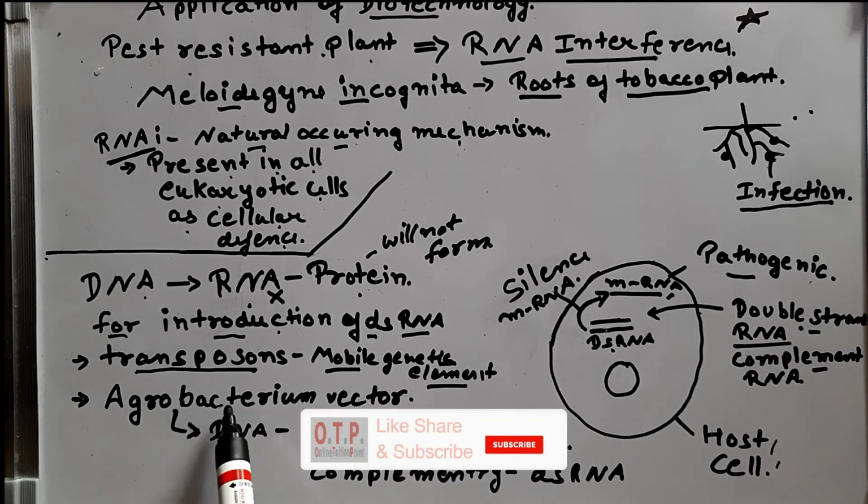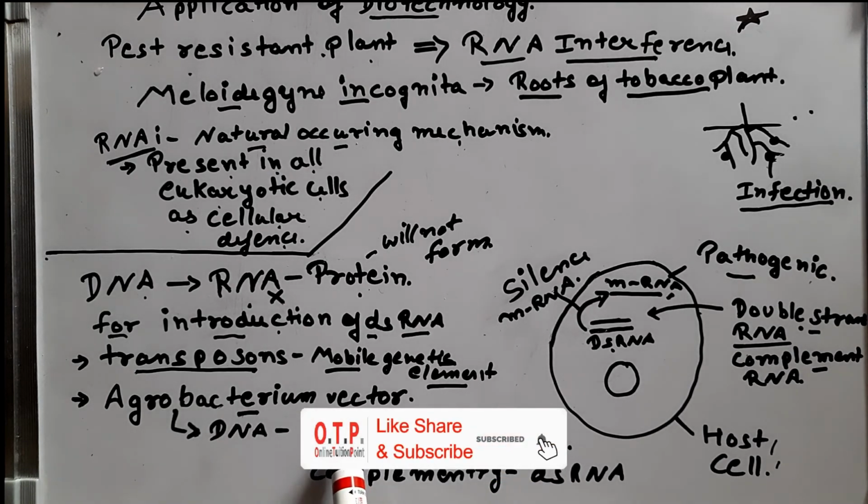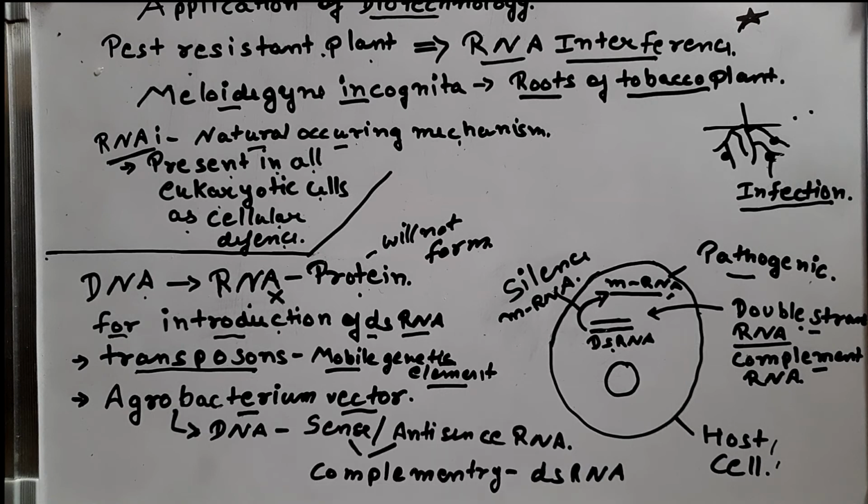The second, which is most important in plant biotechnology, is the Agrobacterium vector. This is a vector which can directly inject foreign DNA into plants. If we talk about animals, we have retroviruses for this purpose.